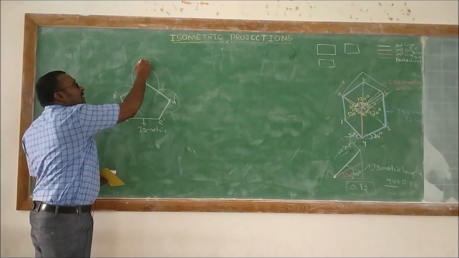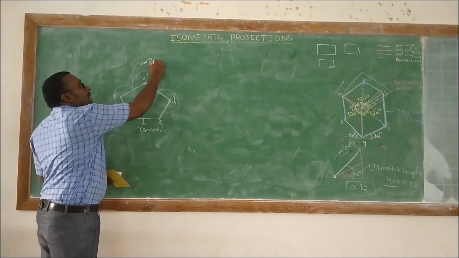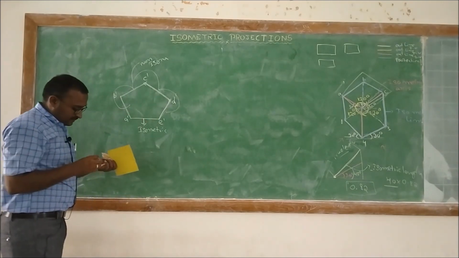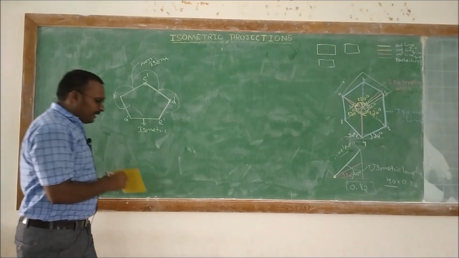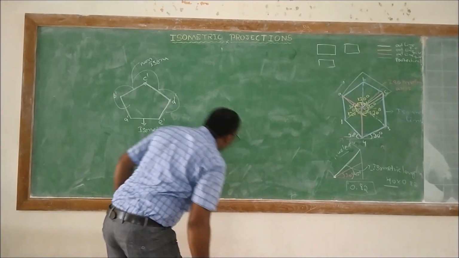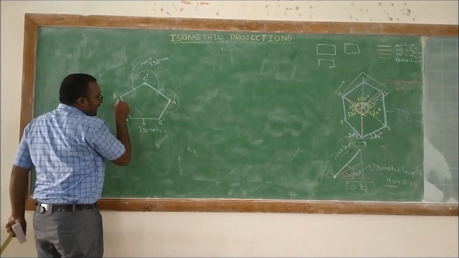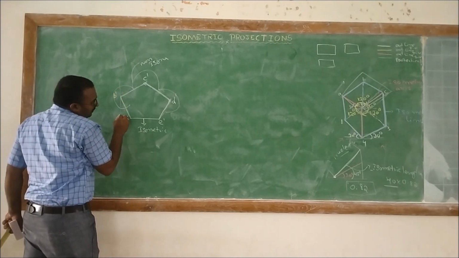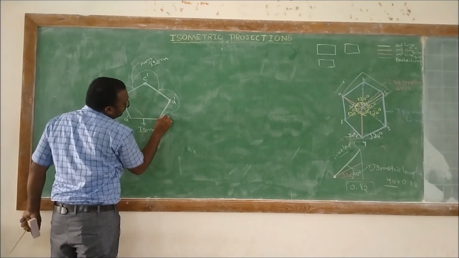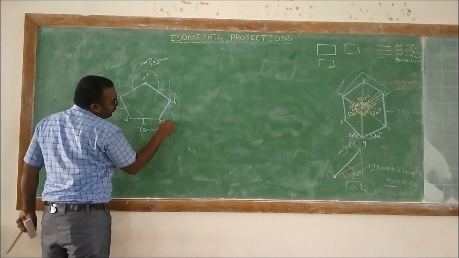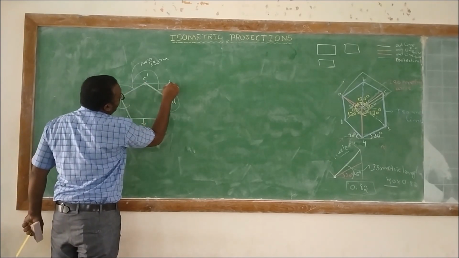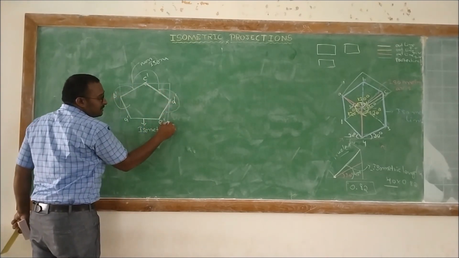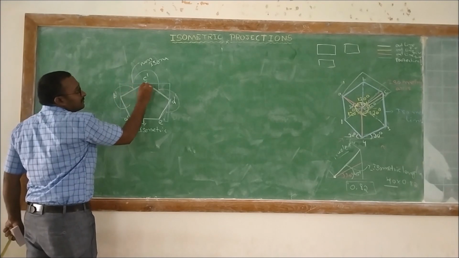All these lines are non-isometric because they are inclined lines, right? So whenever we convert that into isometric view, we need to create a box. Earlier I told you that the outermost box should include all the edges, like this.